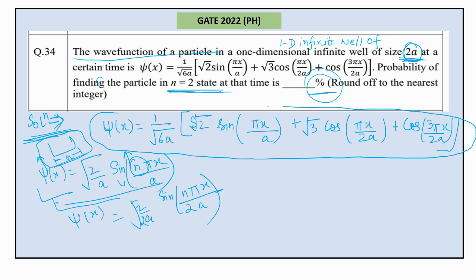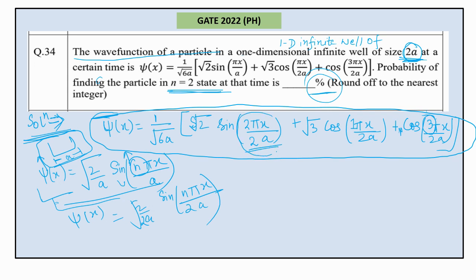In this wave function, see very clearly, this is the n is equals to 1 state, this is the n is equals to 3 state, and this one is the n is equals to 2 state. Any doubt?